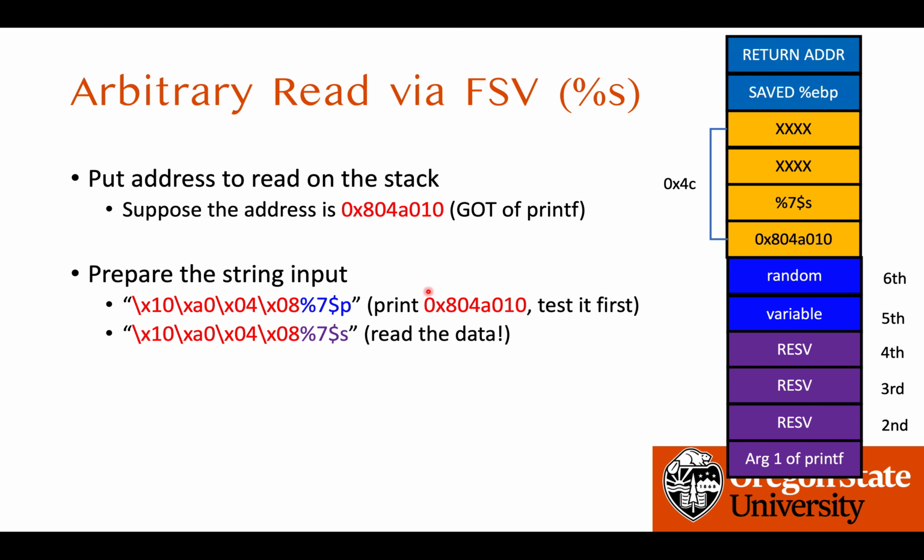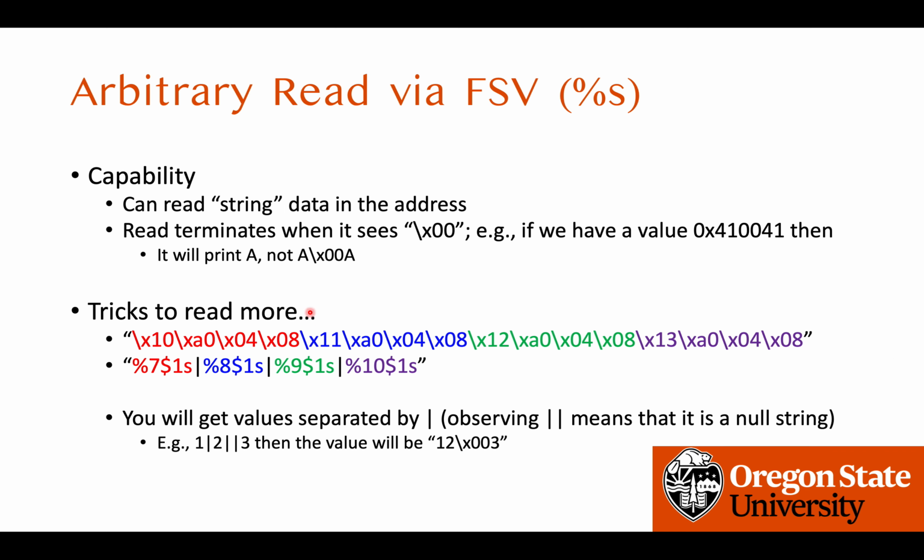That's actually an arbitrary read, because we supply the address and then print it out. So the capability that we have is that we can read a string using the %s directive, putting an arbitrary address in the buffer.